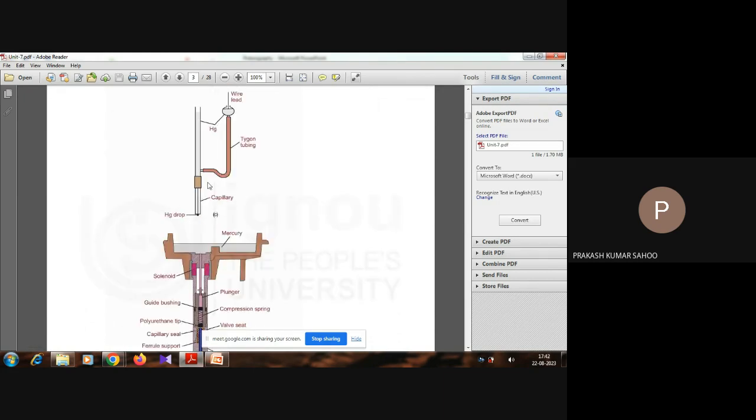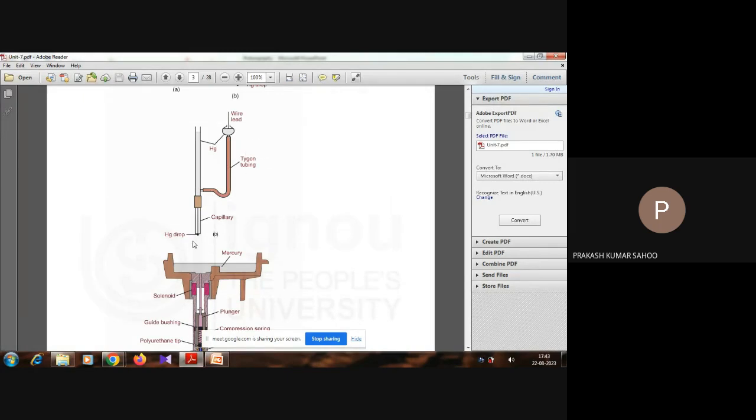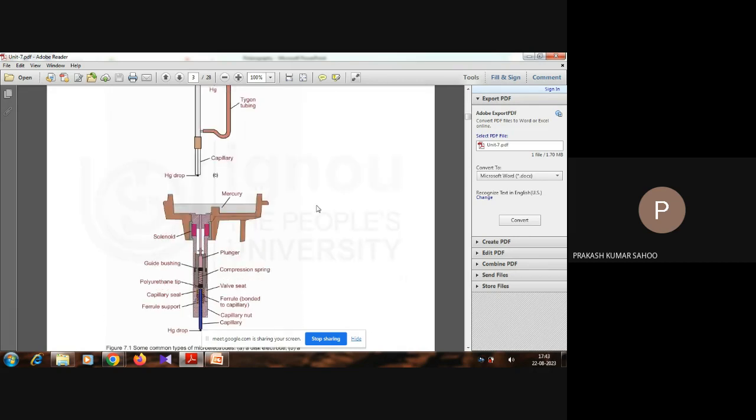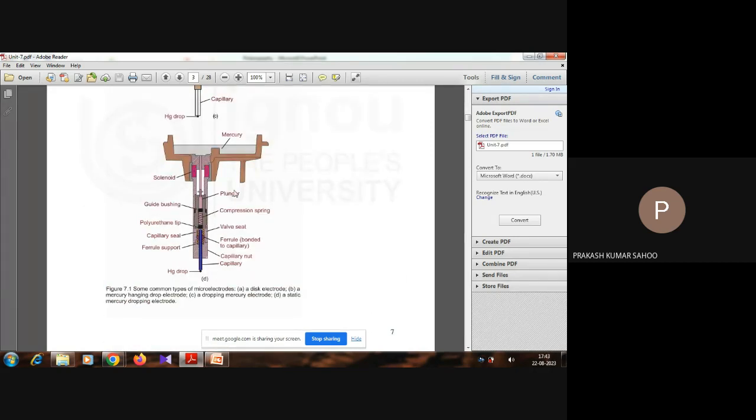In this, there is a mercury drop here, and it is in a capillary. So this is known as your dropping mercury electrode, DME. And at last it is your SMDE, that is the static mercury drop electrode, in which there is a steady flow of mercury drop from this electrode, which is very much complicated.